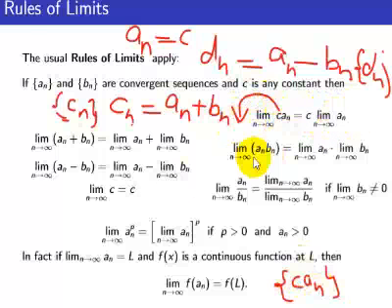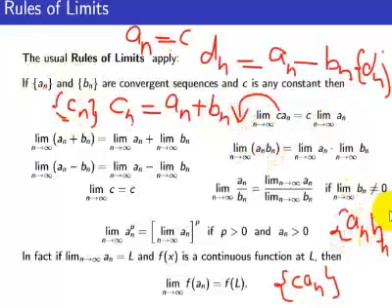Now if you have two sequences, we can talk about the product of these two terms. You can generate another sequence by multiplying each element in the sequences. This gives you a new sequence.